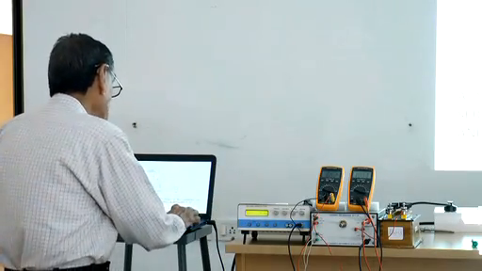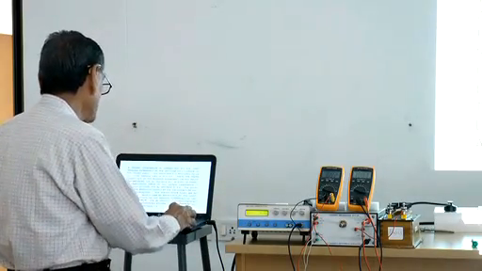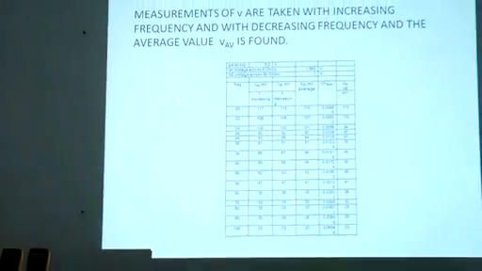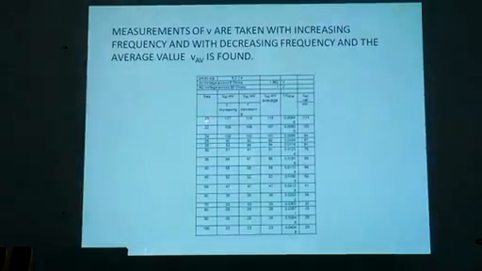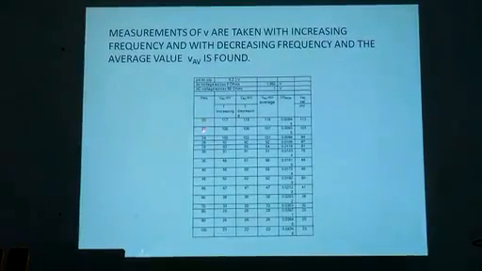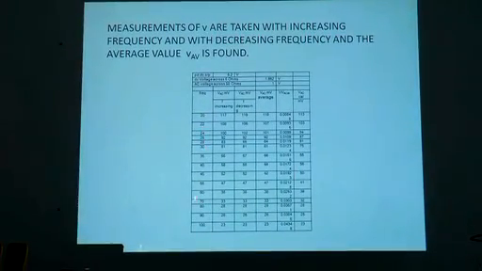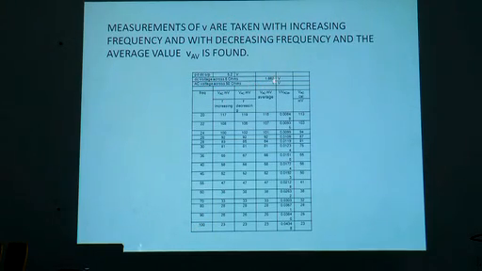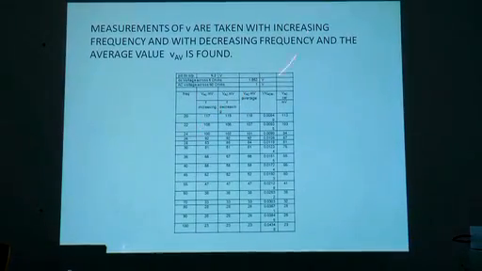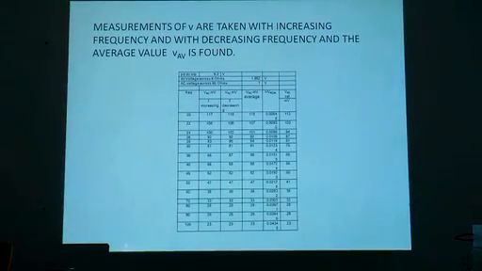So what we do is, we change the frequency from 20 to 22, 24, 26, like that, always keeping the AC voltage across 50 ohms 1 volt. And then we take this photodiode output on this multimeter, AC output, I write it here.